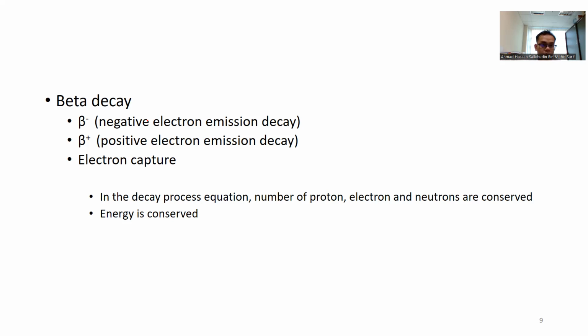So first we will go into the beta minus decay, also known as the negative electron emission decay. Like the alpha, we can show the process by first having the parent nuclide.